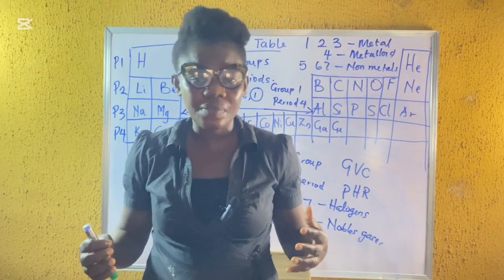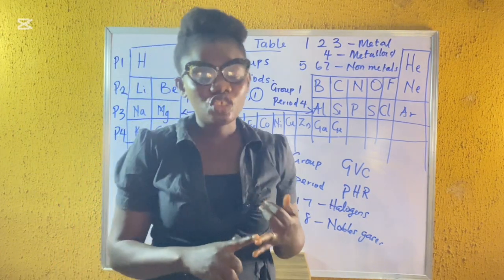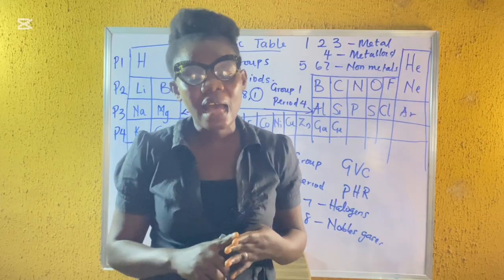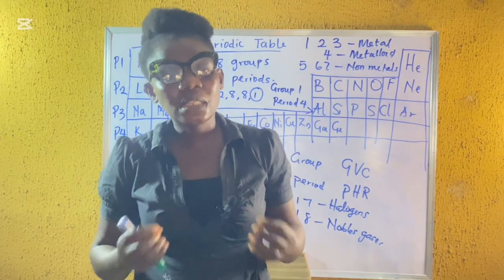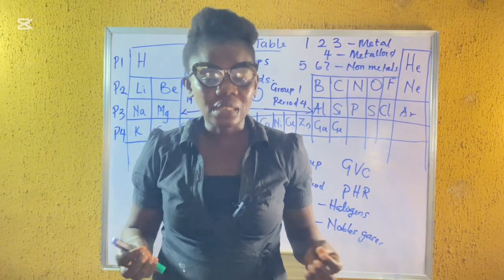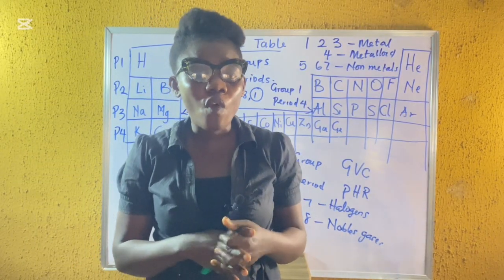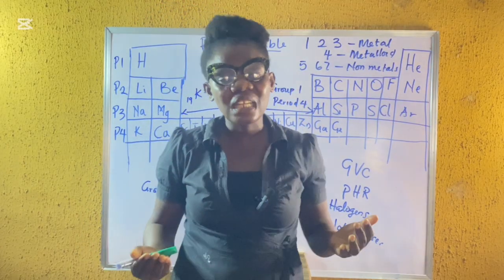What are the properties of the periodic table? Ionization energy, electron affinity, atomic radii, ionic radii, electronegativity, thermal and metallic conductivity. So these are the properties of the periodic table, and we need to learn them.